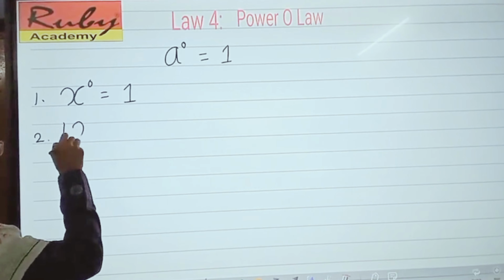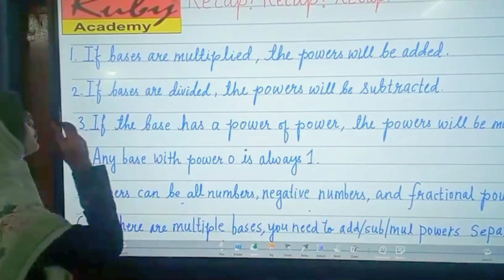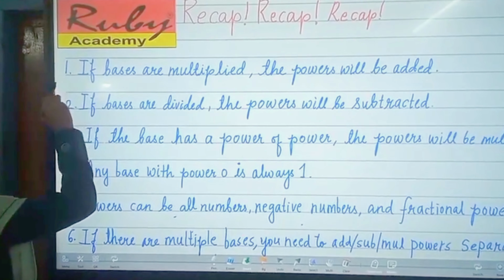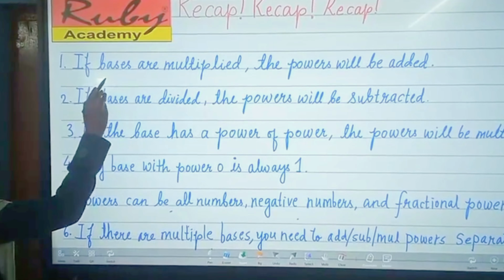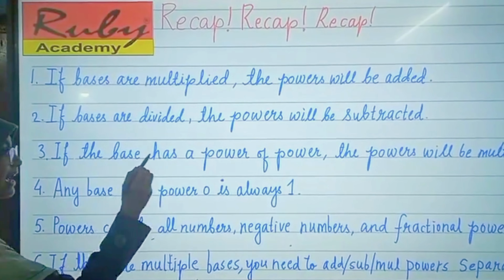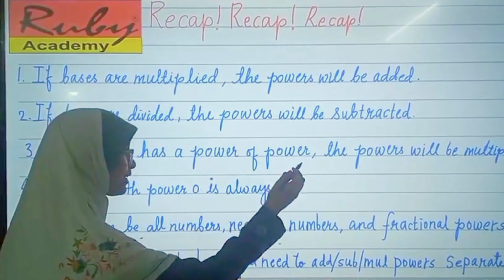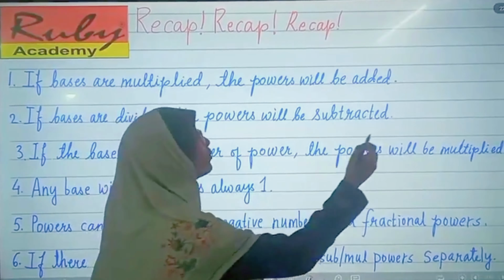Lastly, as we have learned many laws, let's recap what we've learned today. Number 1. If the bases are multiplied, the powers will be added. Number 2. If bases are divided, the powers will be subtracted. Number 3. If the base has a power of power, the powers will be multiplied.